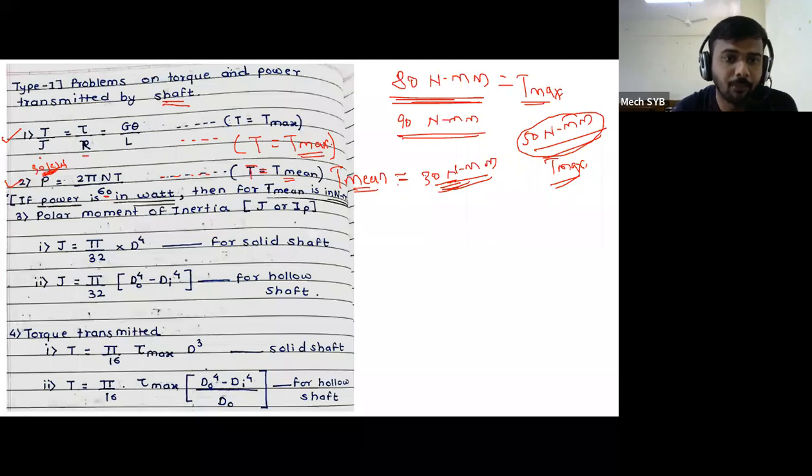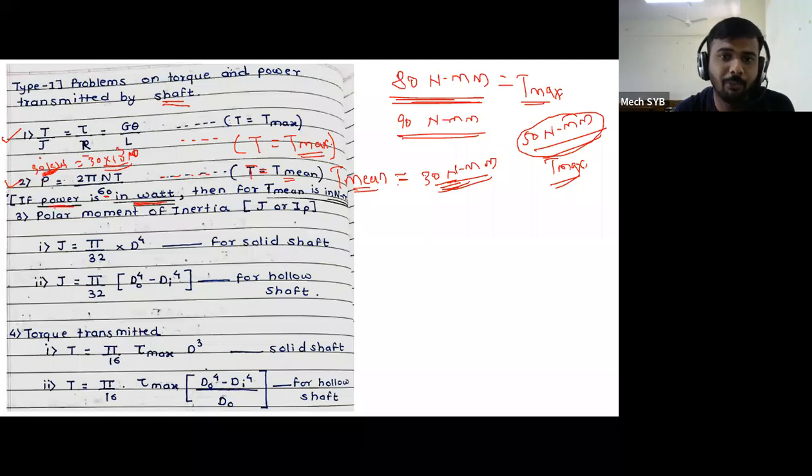In addition to that, if power is in watt, this power is given as 30 kilowatt, so we convert it into watt: 30 into 10 raised to 3. If power is given in kilowatt, we convert it into watt.